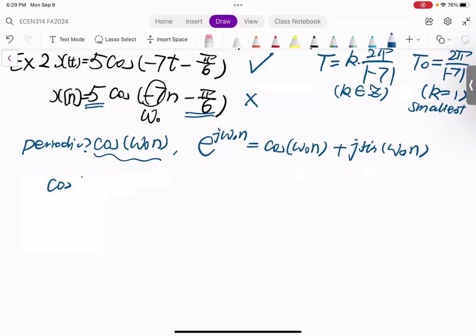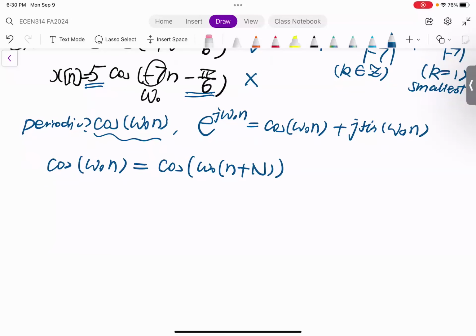The definition said that at any n, you can shift this signal by a supposed period capital N, and you will get the same, right? And then on the right, we have cosine of omega naught n plus omega naught capital N. So how do I make this equality occur?